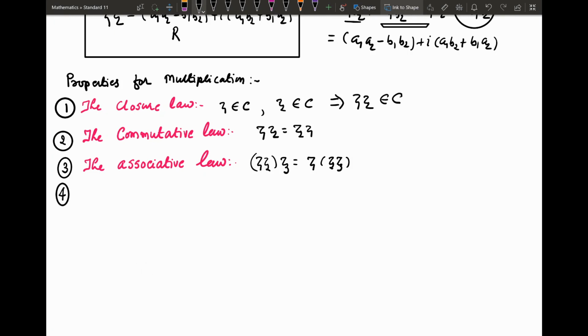Now for addition, 0 was the additive identity. Here we will define the multiplicative identity.